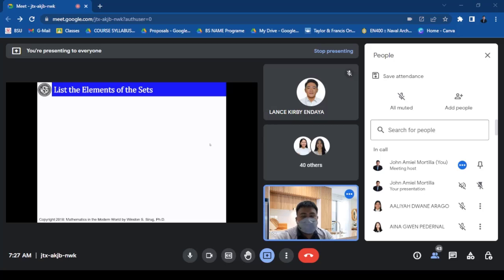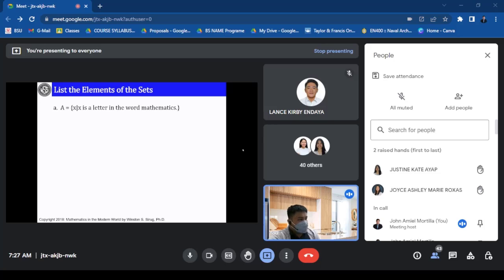Okay, so list the elements of the set. So, punta na tayo sa mathematics sets. So, A: x such that x is a letter in the word mathematics. Okay, sino makapagbigay sa akin ng elements ng x such that x is a letter in the word mathematics?